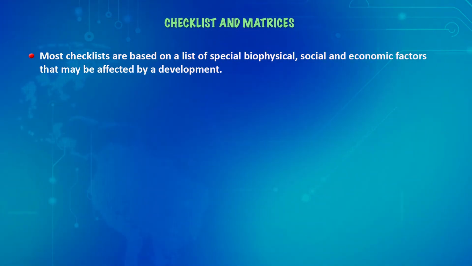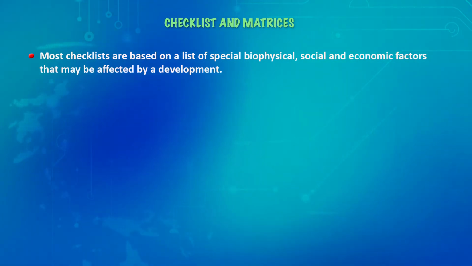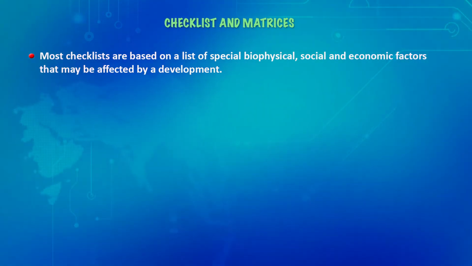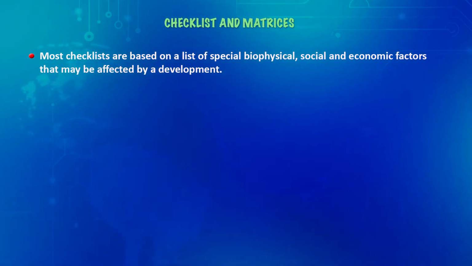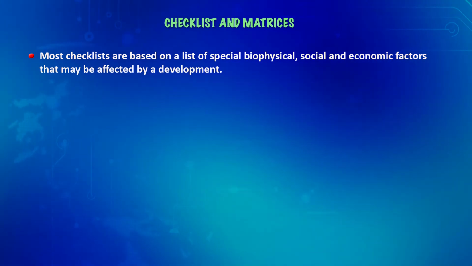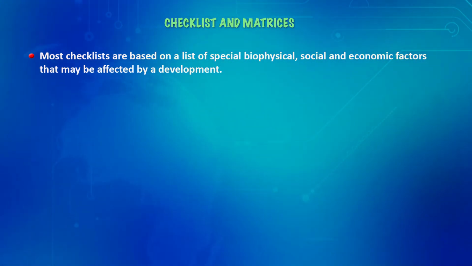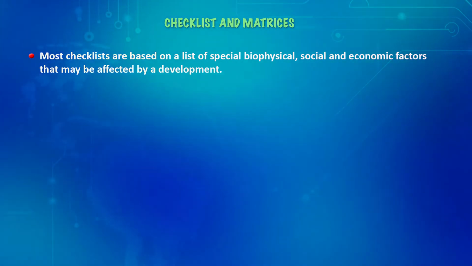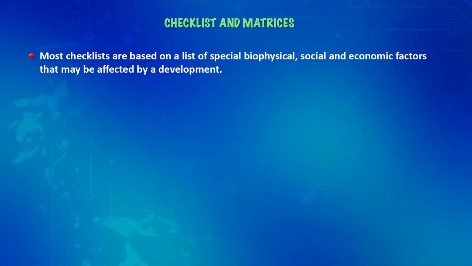Most checklists are based on a list of factors, and as I said, it can be biophysical factors, social factors, or economic factors. These factors are definitely going to be impacted by the development process, and they are the most important factors that we need to take into account.